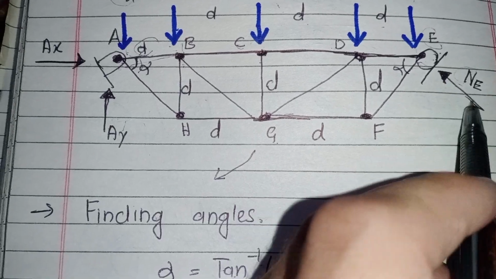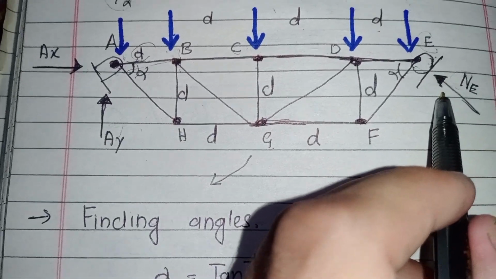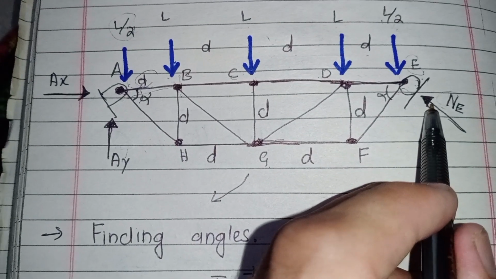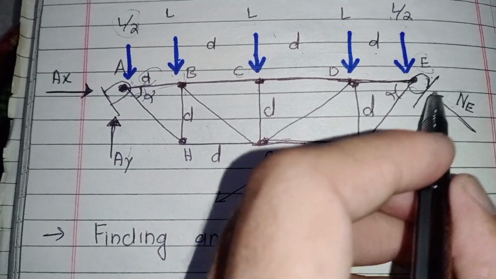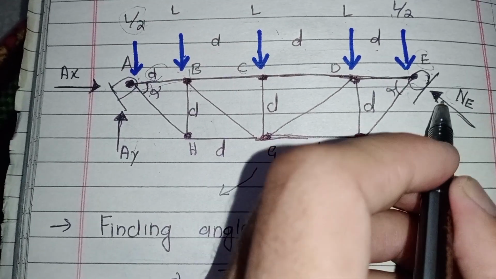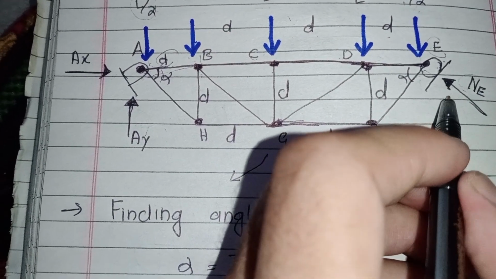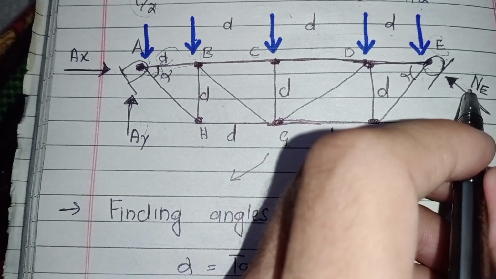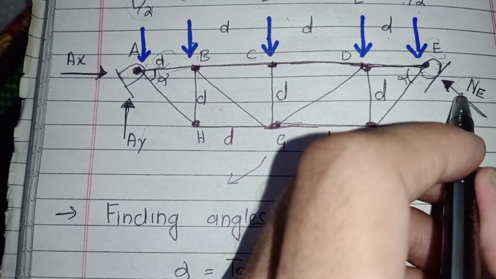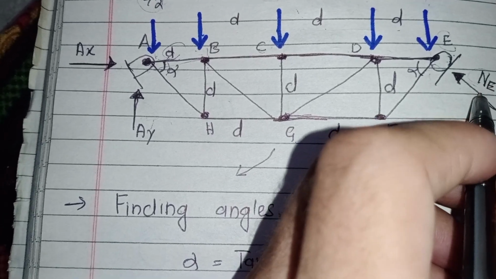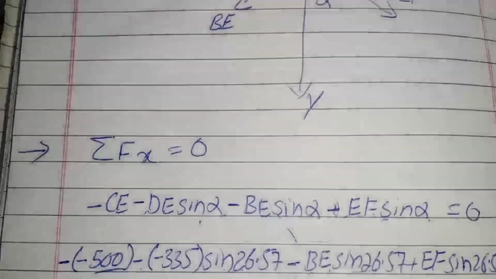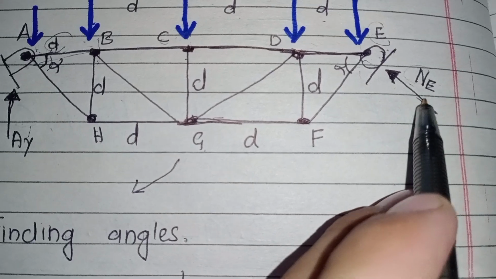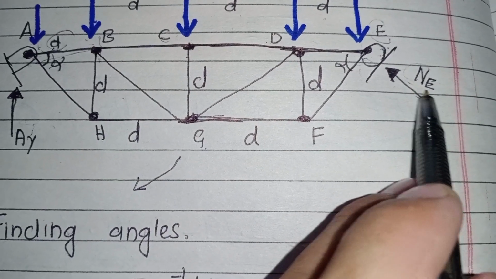So the next force which creates rotation is NE. This NE is at an angle of 45 degrees. First of all, we need to take a vertical component of this NE.